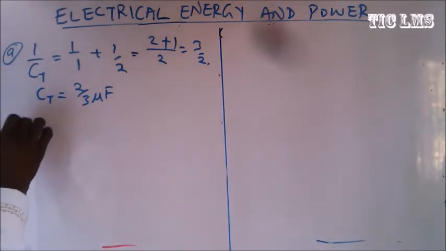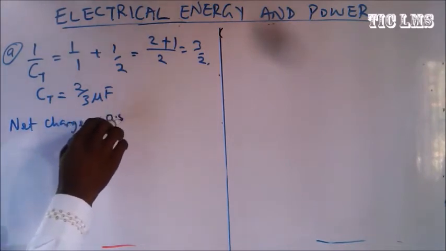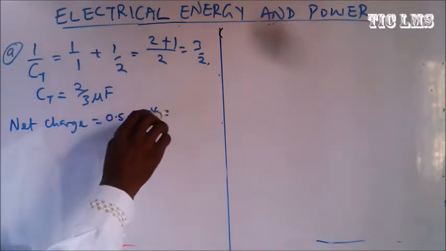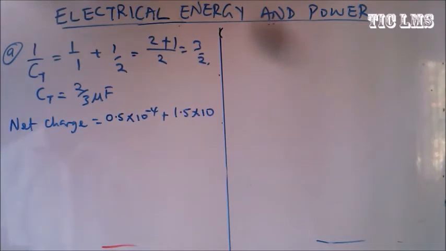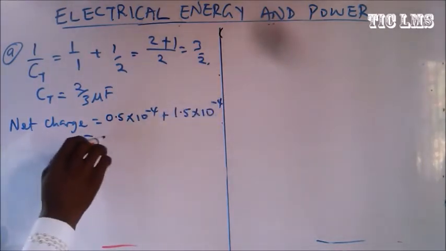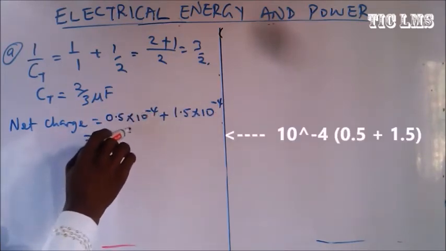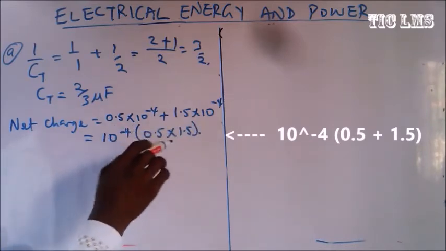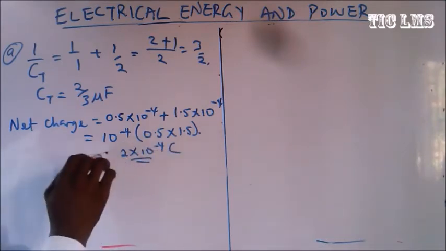Hence, the net charge equal to, we're given 0.5 times 10 to the power of minus 4 plus 1.5 times 10 to the power of minus 4. Since 10 to the minus 4 is common on the two sides, we can factorize it and bring it out and have 0.5 plus 1.5. When we add this, we'll have 2 times 10 raised by minus 4. So this is the net charge.